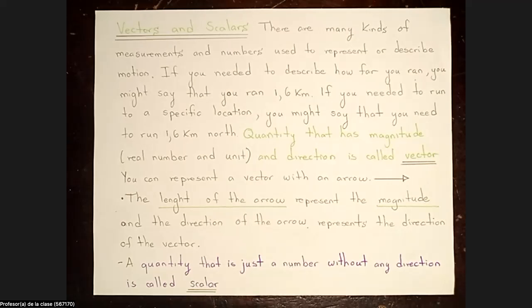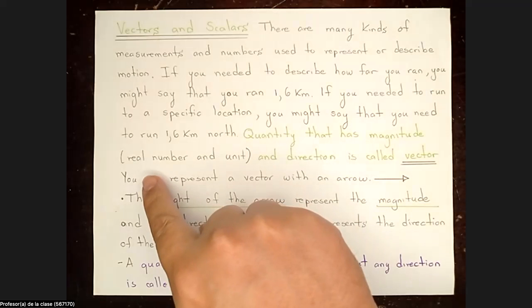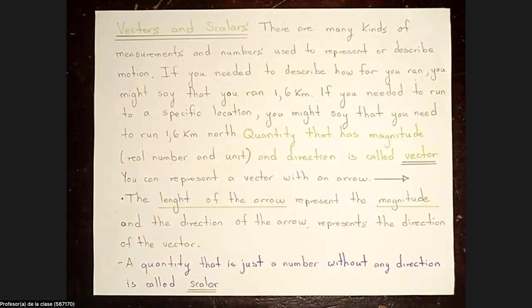If you needed to run to a specific location, you might say that you need to run 1.6 kilometers north, okay? Now we have a direction after the 1.6 kilometers. So a quantity has magnitude, okay, remember this, magnitude is a real number and a unit.